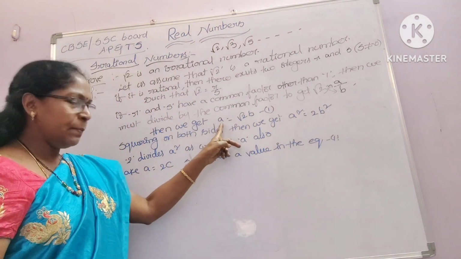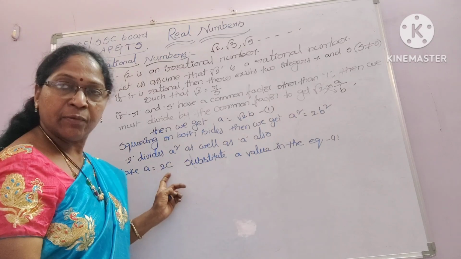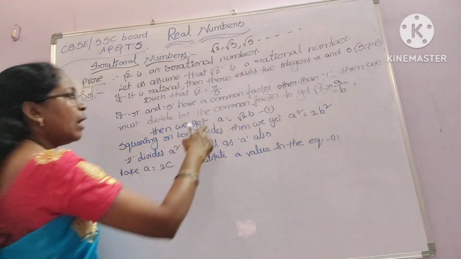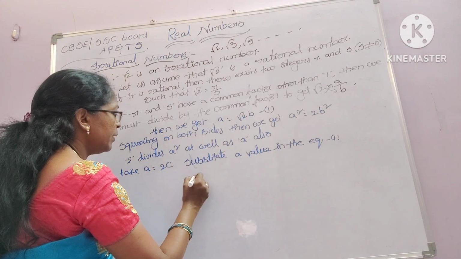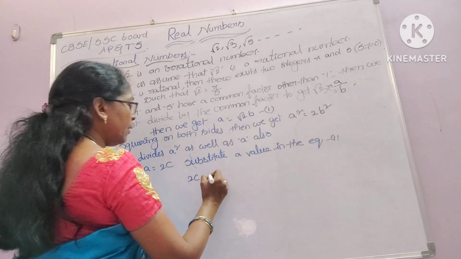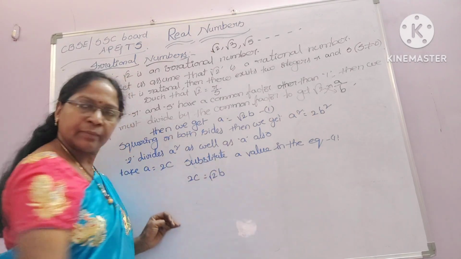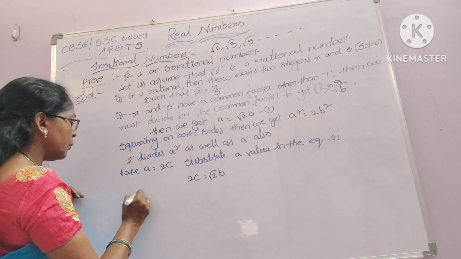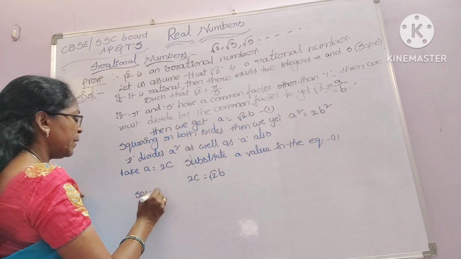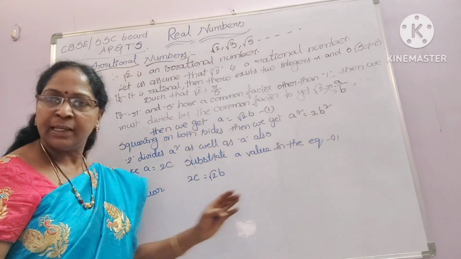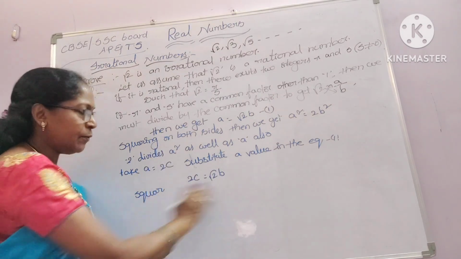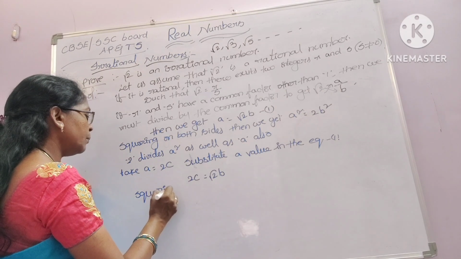Now, in place of a, we assumed a equals 2c. So in place of a you write 2c, and on the other side root 2 b. Now, again squaring on both sides. Why? Because here the root 2 term is there on the RHS, so we have to square on both sides.